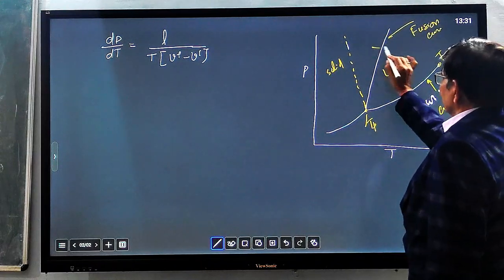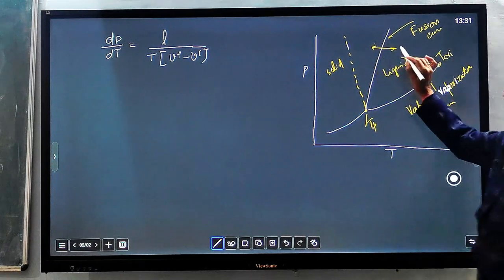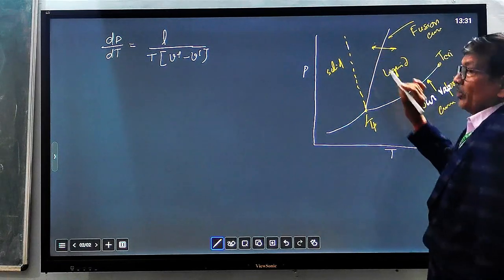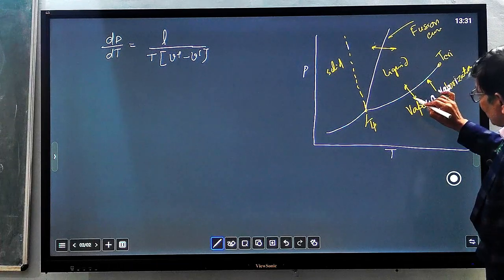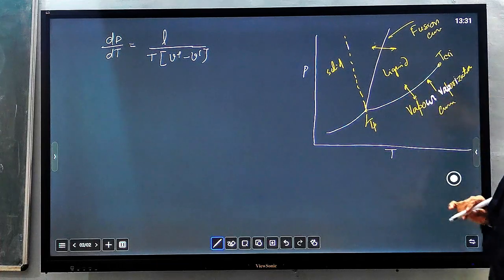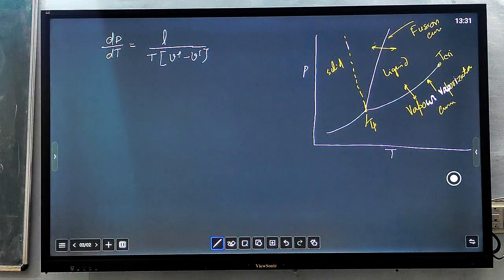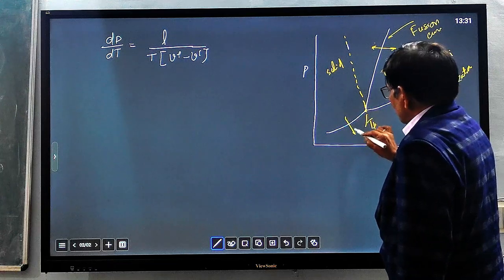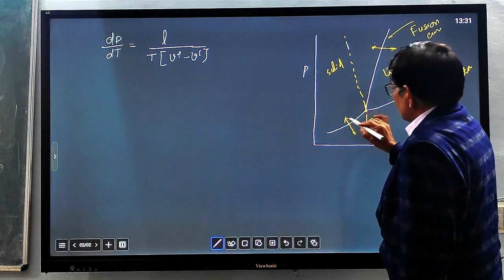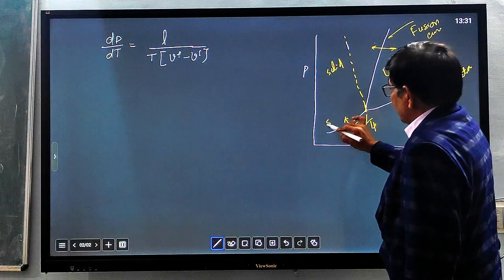Because on this side solid changes to liquid, and liquid changes to solid. From this side to this side, liquid changes to vapor and vapor changes to liquid. So it is the vaporization curve. And from here to here, solid changes directly to vapor. So this is the sublimation curve.